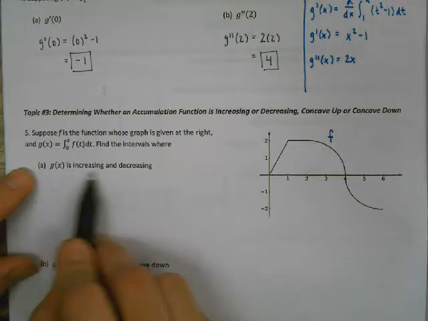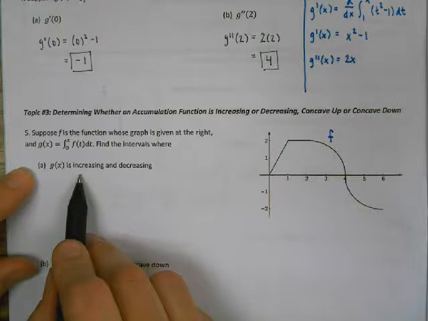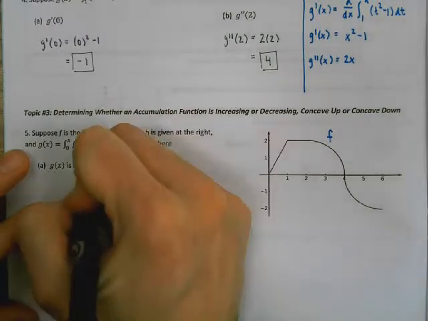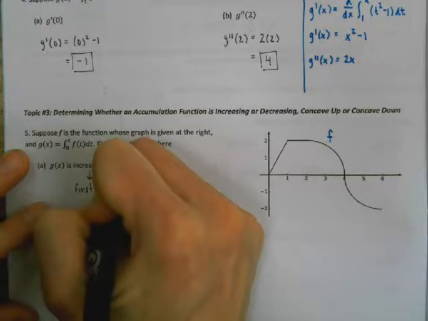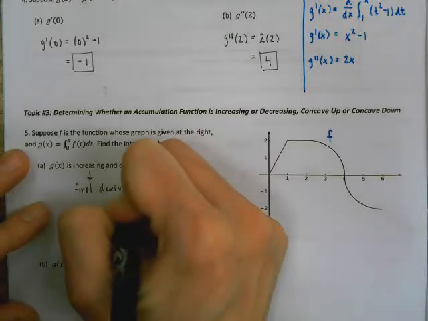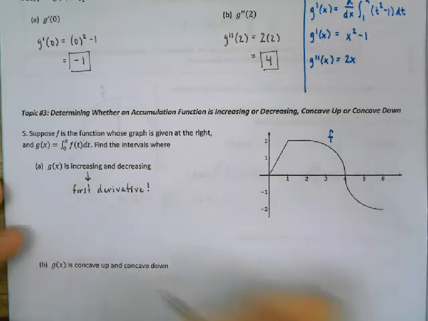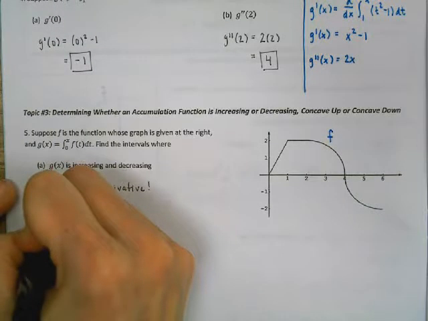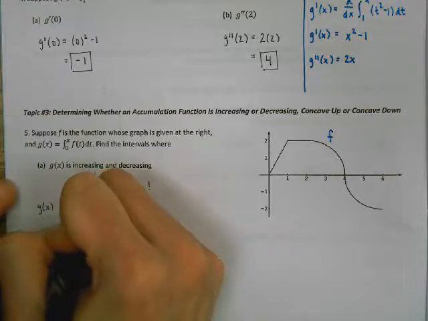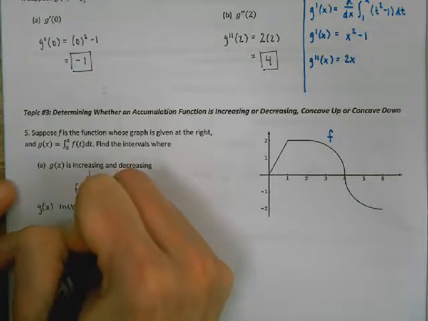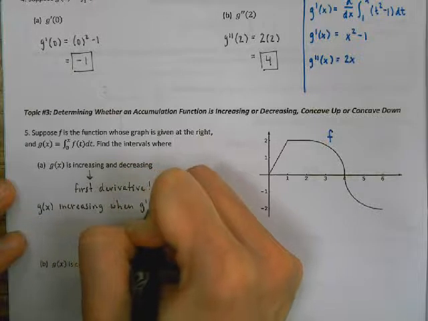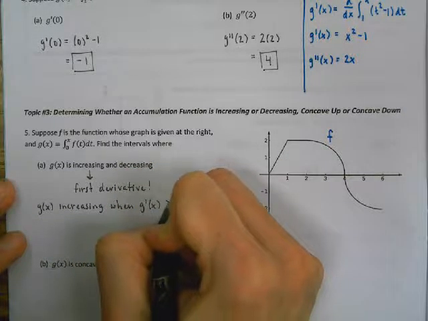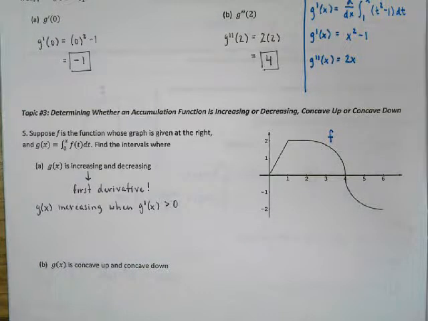Well, I know for increasing and decreasing, that has to do with the first derivative. So I know that g of x is increasing when g prime of x is greater than 0, right?